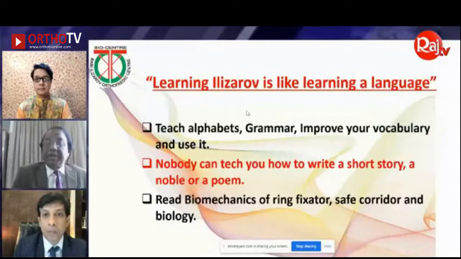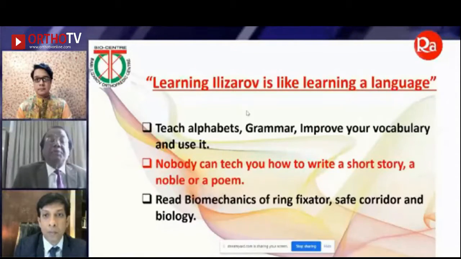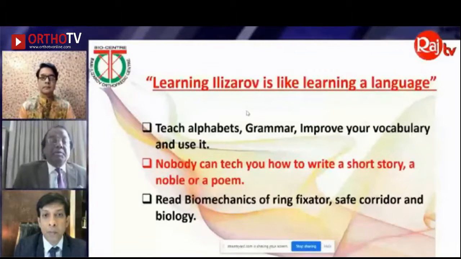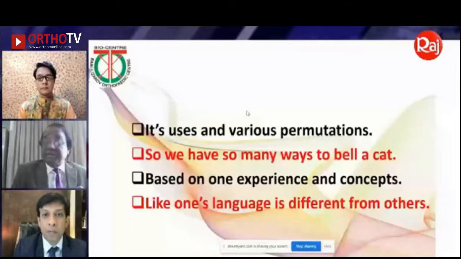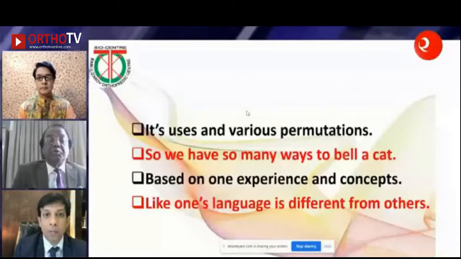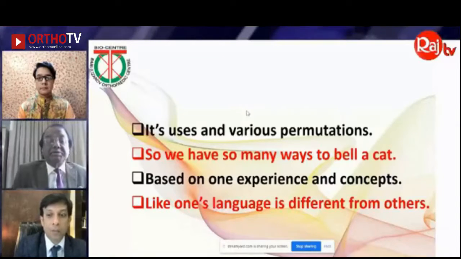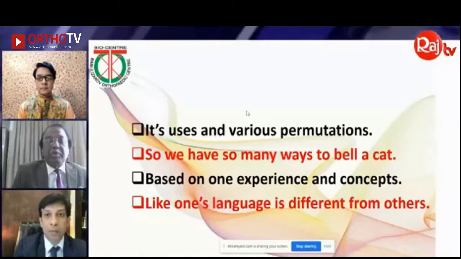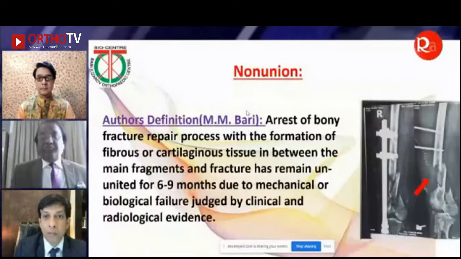At the same time, we have to learn the safe corridors and the biology of the human body. And we have to know the uses and variations, the various permutations. So we have so many ways to build a frame based on experience and concepts, like one's language is different from others.